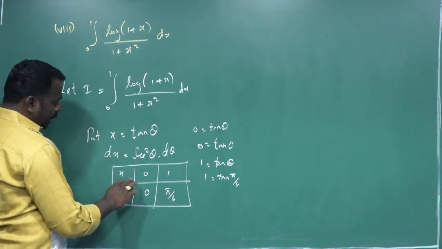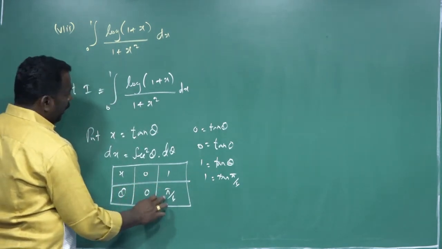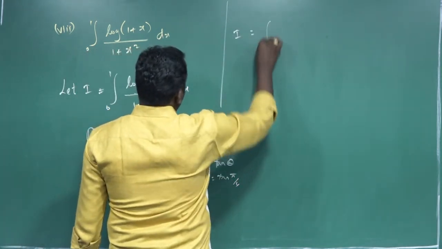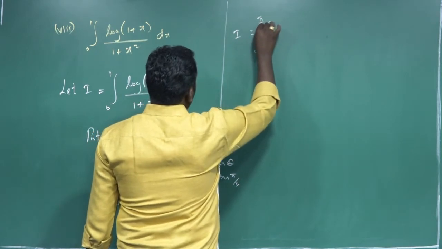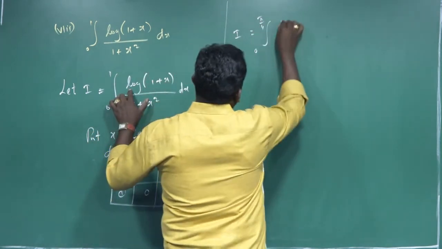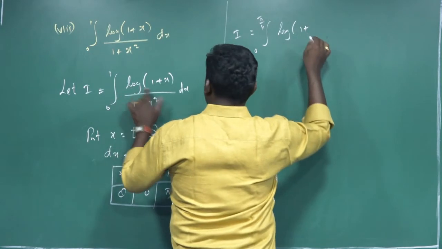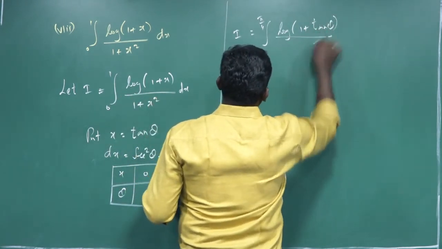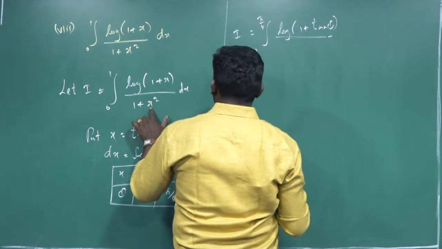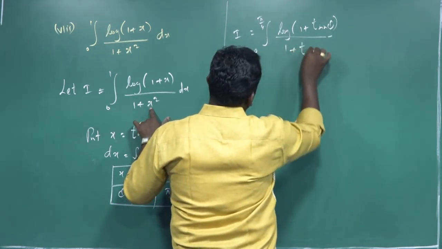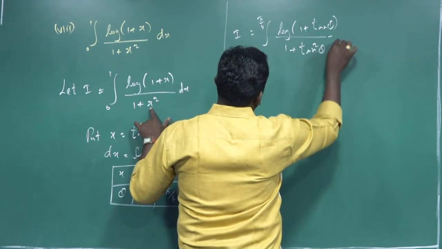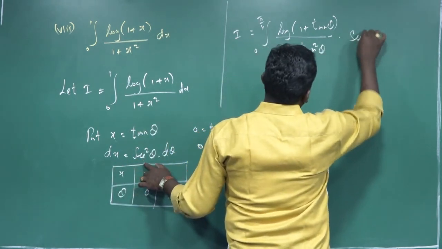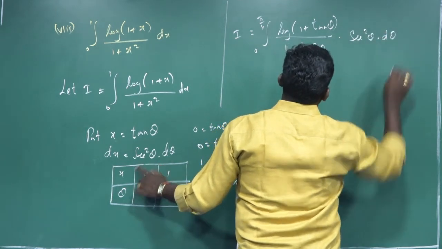Now the x range is 0 to 1, the theta range is 0 to pi by 4. Substitute in the given integral. I is equal to integral 0 to pi by 4 log of 1 plus x equal to tan theta, by 1 plus x square, that is 1 plus tan square theta, into dx equal to secant square theta into d theta.